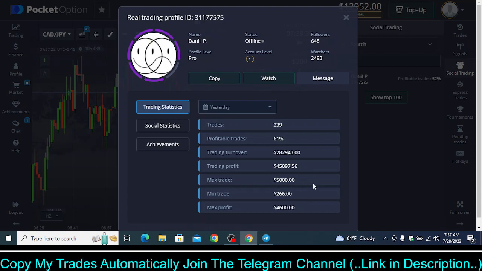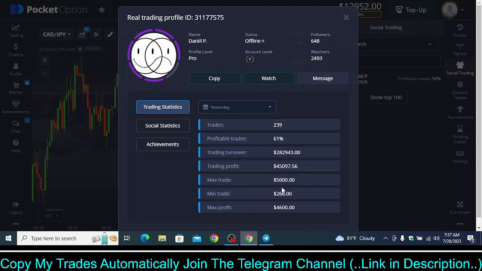Then your profitable trades percentage will increase because your losses are few. Your loss is one, a $5,000 loss, and your wins are $266 five times. That's why your percentage will increase, but you will be in loss. And if you copy this kind of ID, then most probably you are also going to go into loss.